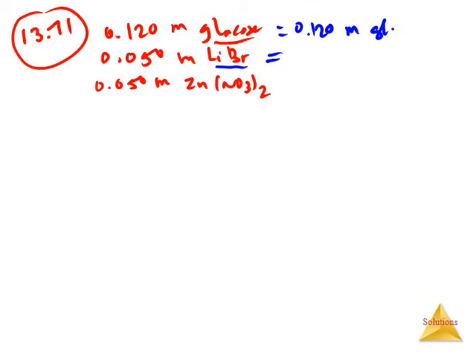If 0.050 molal LiBr breaks down, you get 0.050 molal lithium plus and 0.050 molal Br minus. So altogether you'd have 2 times 0.050, and that gives you 0.10 molal particles.